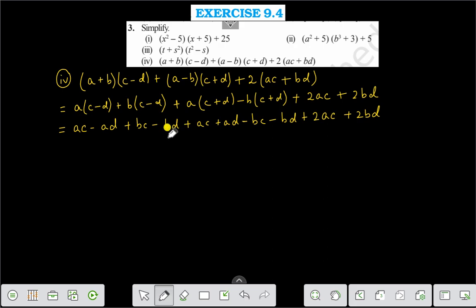Now here you see this AC is 1 AC, this is AC, 2 AC, and this AC. Here you see that is AC plus AC plus 2 AC, right?